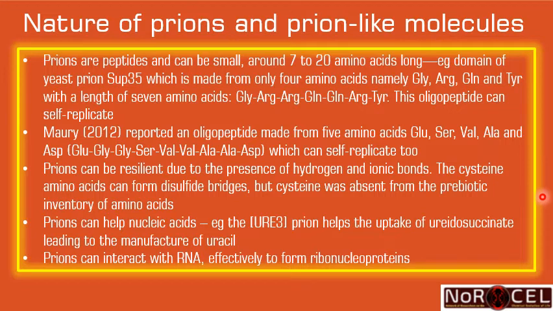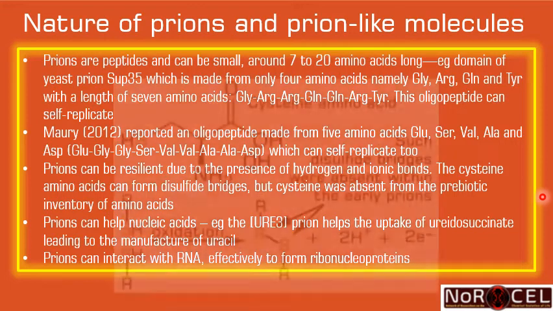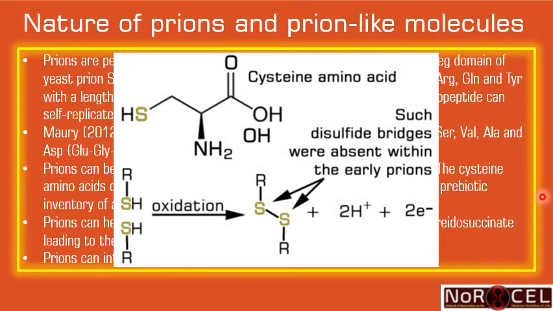Prions can interact with RNA effectively to form ribonucleoproteins. This overlay shows the cysteine amino acid, and how disulfide bridges are formed between two cysteine amino acids. If they are present in a protein, they help it bind tighter in terms of three-dimensional structure.